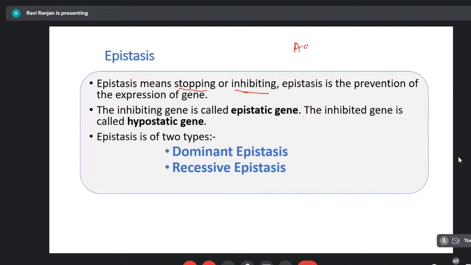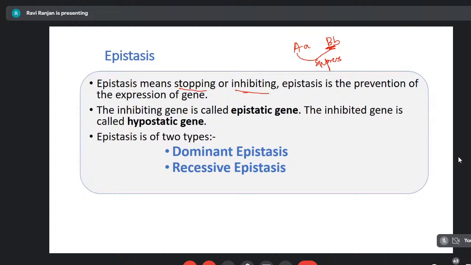If there are two non-allelic genes, one gene will mask or suppress the expression of the other. It will not allow the other to express, or will prevent the expression of the other. That phenomenon is known as epistasis.